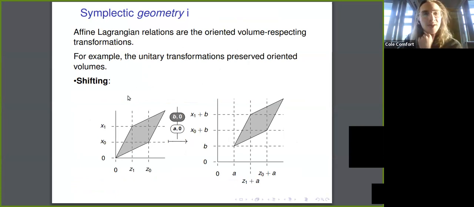So these affine Lagrangian relations are the oriented volume preserving transformations. So what does that mean? If you look at the unitary things, what preserves oriented volume? Shifting does. So if you take a Pauli X and a Pauli Z, or more generally just the spiders like this, then the X shifts this oriented area up, and the Z shifts it to the right on the plane.